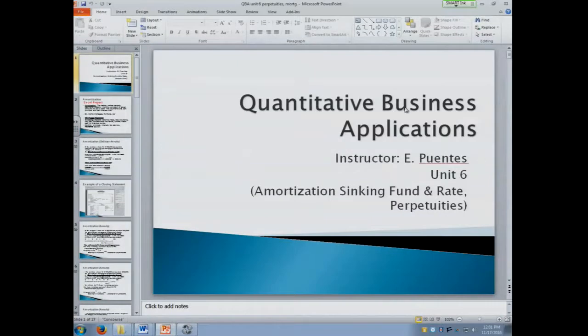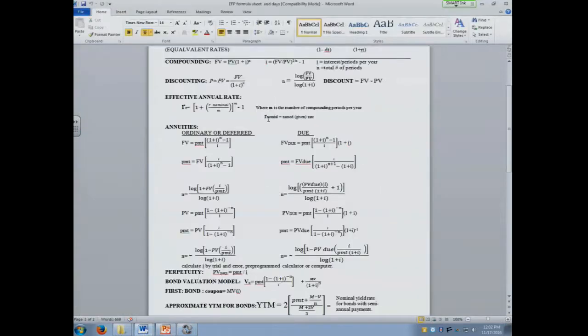And this is the PowerPoint presentation, quantitative business applications, amortization or mortgages, sinking funds, and perpetuities. Again, here is your formula sheet.